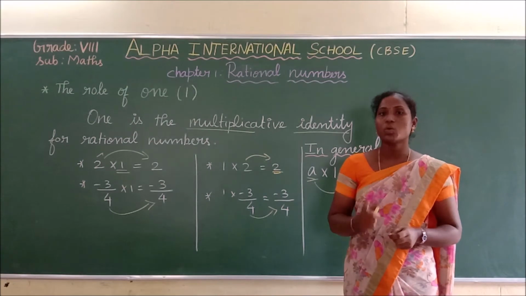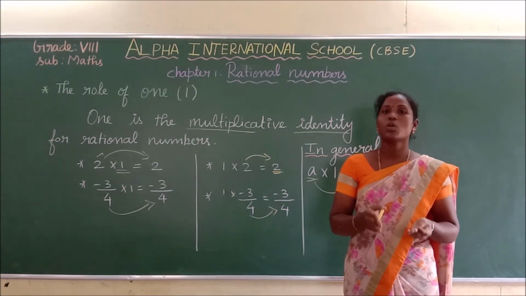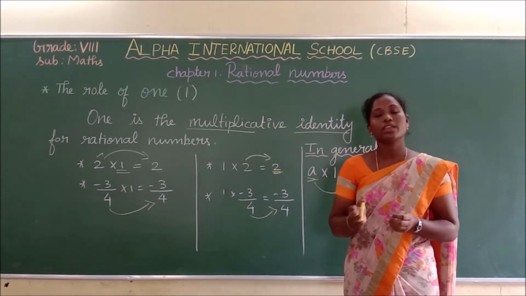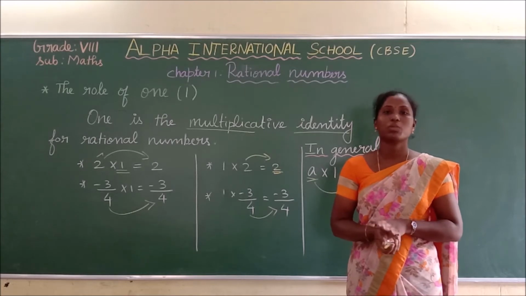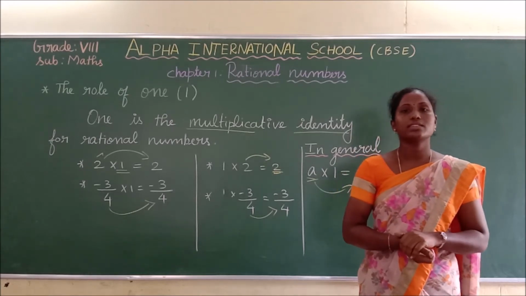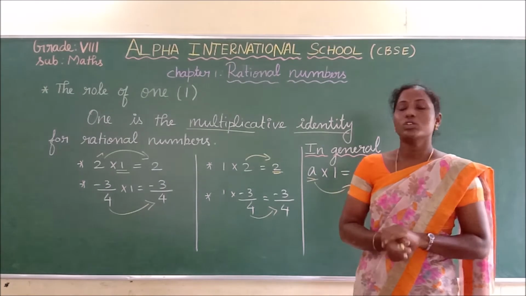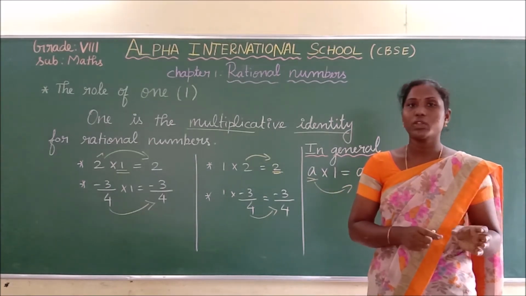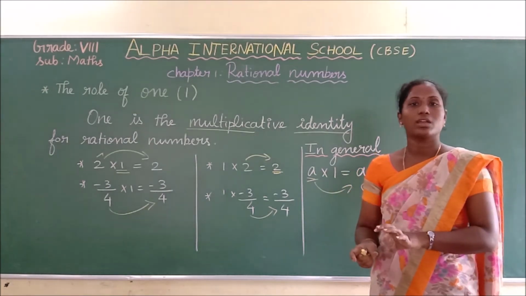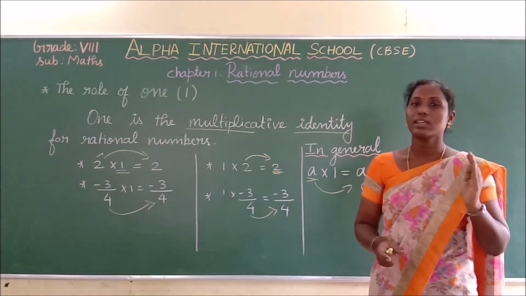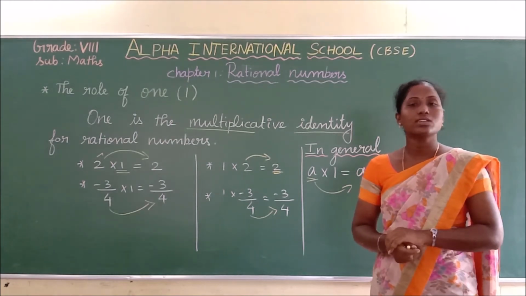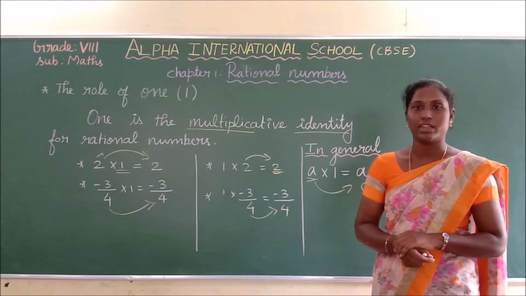Multiplicative identity means 1, because multiplying any number by 1 gives the same number. So be clear: 0 is the additive identity and 1 is the multiplicative identity.